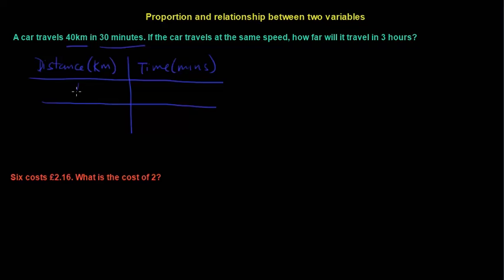So 40 kilometers was in 30 minutes, and the question says how far, so we want to find out the distance, will it travel in 3 hours, and we must convert this hour into minutes since this is what the units we have decided to use for time.